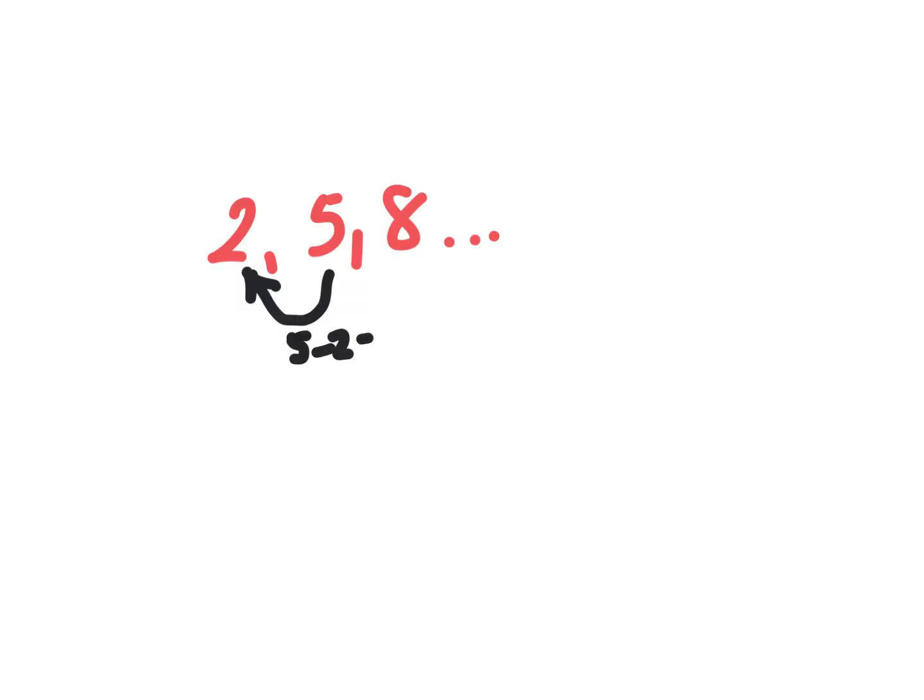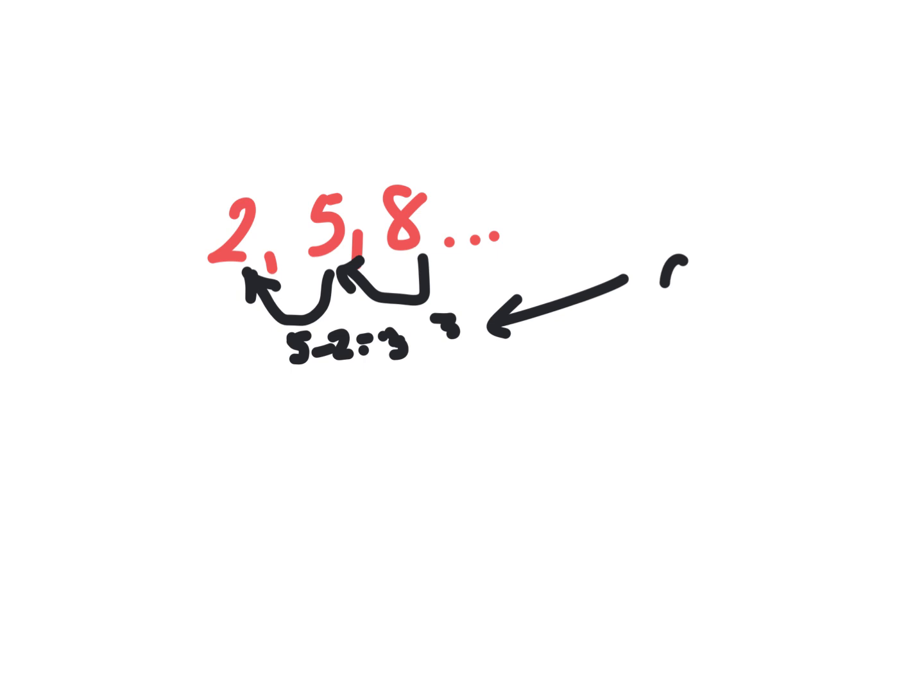2 add 3 is 5, add 3 is 8, and so on. Of course, that kind is the arithmetic kind, right? So that kind has, you go this minus this, and you get 3, right? This minus this, also 3. What do you think that kind right there is called? A common something. Yes, that kind is called a common difference.